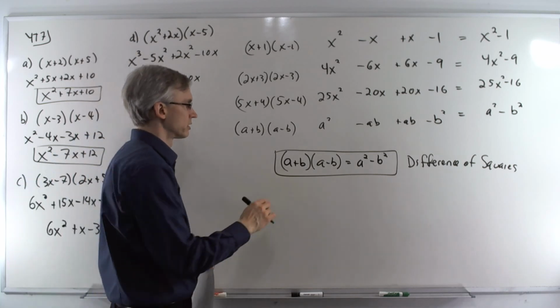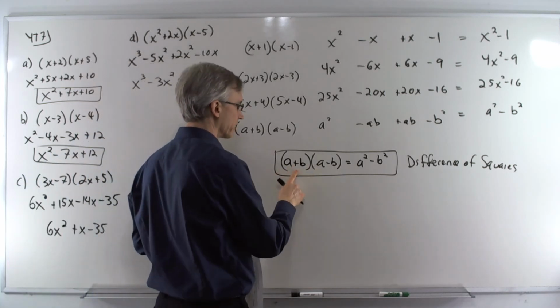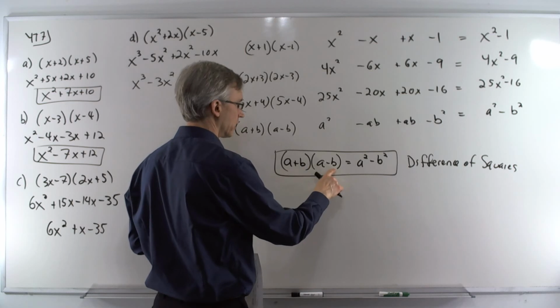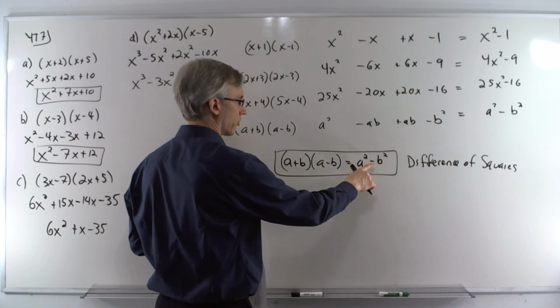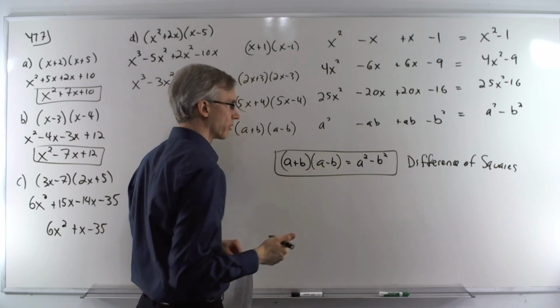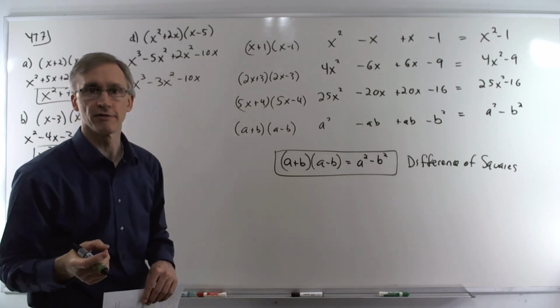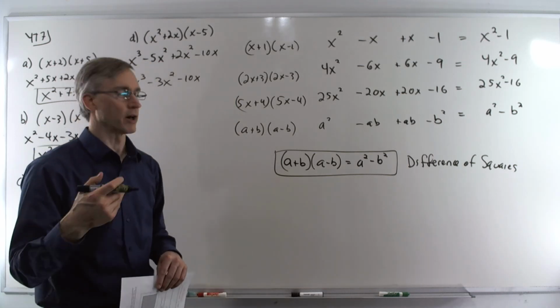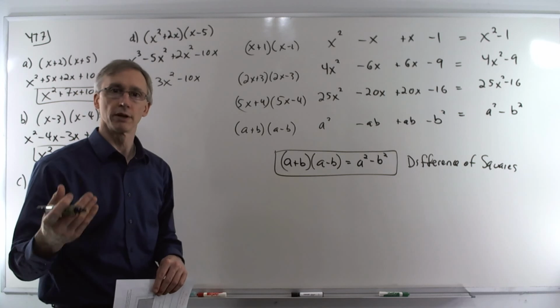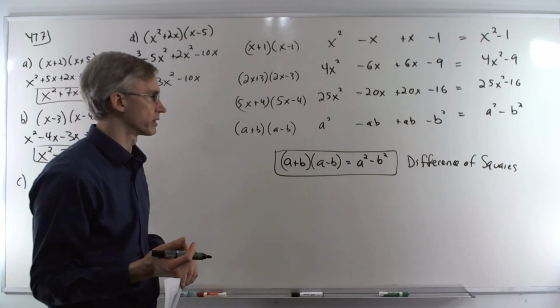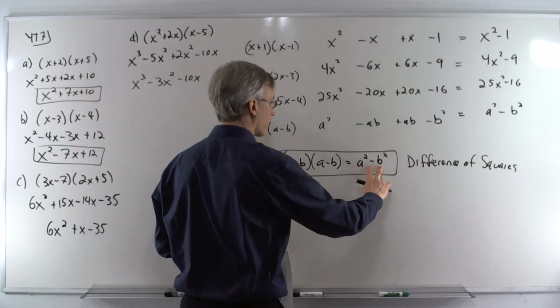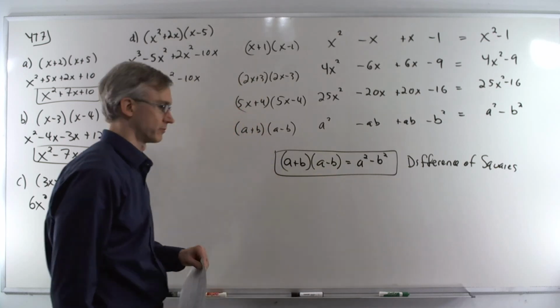So if you ever see two binomials multiplied like this, with the same terms, different signs in between, you can go right to the formula, just write it down as a squared minus b squared. And this will be a very important formula to know, not only for this chapter, but when we go on to factoring, we're going to be doing this in reverse, going from this form to this form.